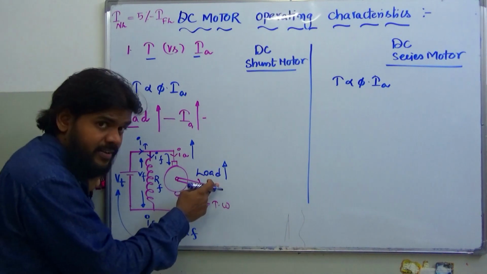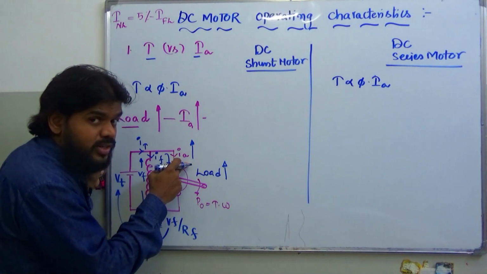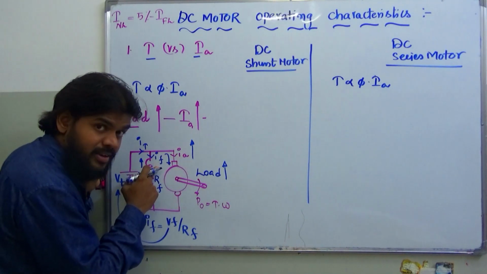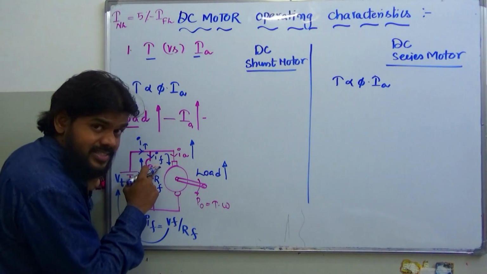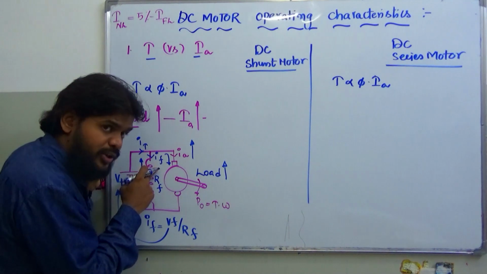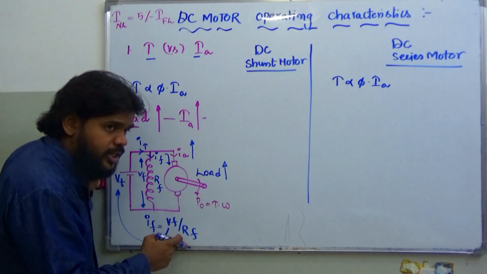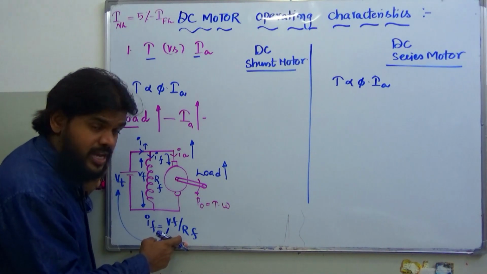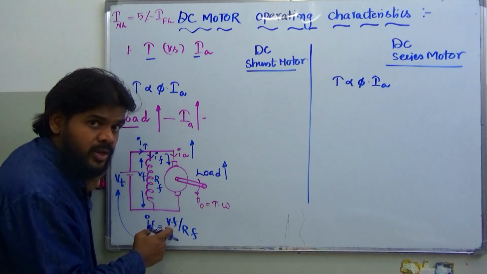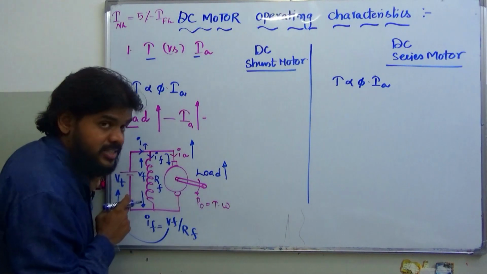As the load increases, Ia increases, but there is no comment made on If, because If doesn't depend on this side, since it's a parallel branch. The current flowing through If depends on Vf and Rf, and you are not changing the field resistance, and you are not changing the supply voltage during the characteristics of the motor.